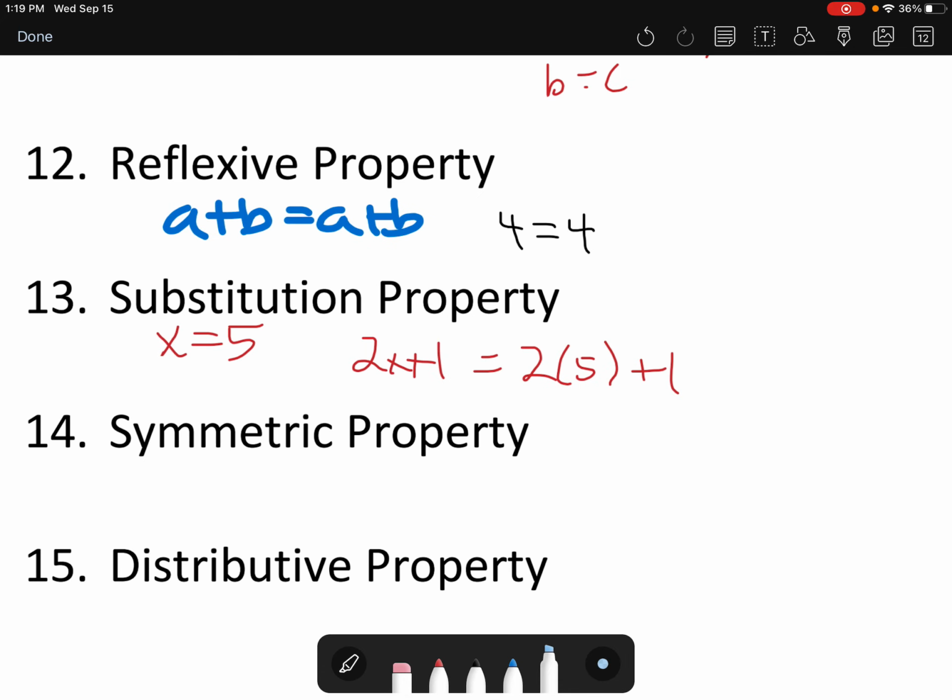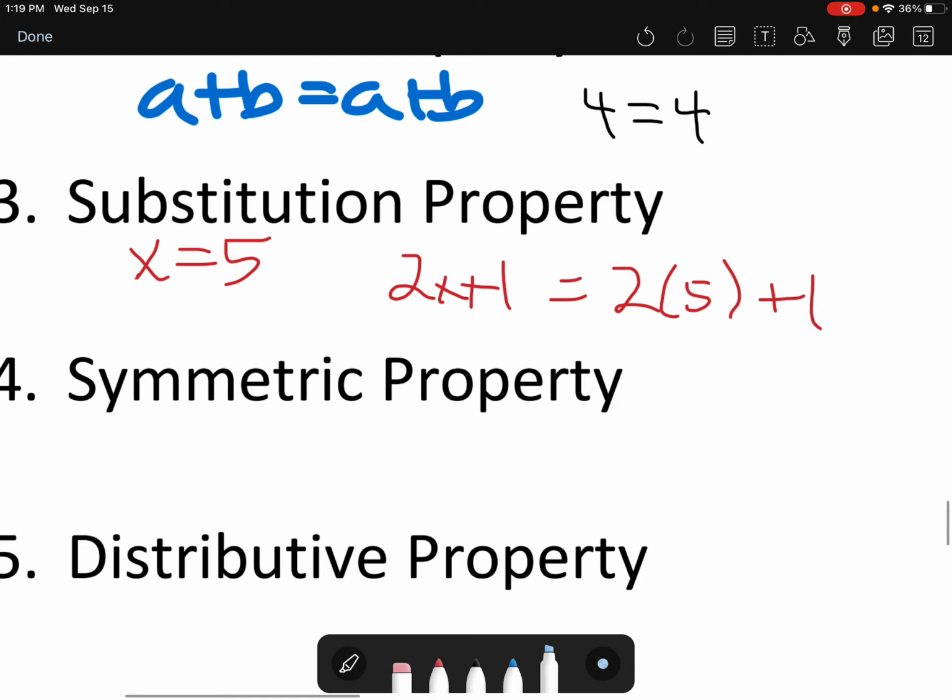Up next is the symmetric property. The symmetric property just says that an equal sign is the same no matter how you write things down on either side of it. So you can say that 4 plus 5 equals 9. And that's true.